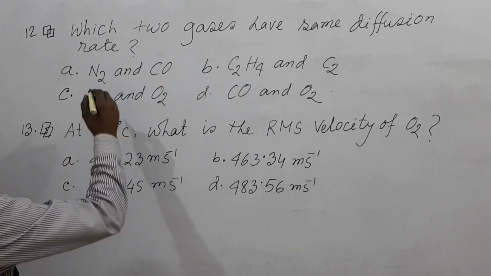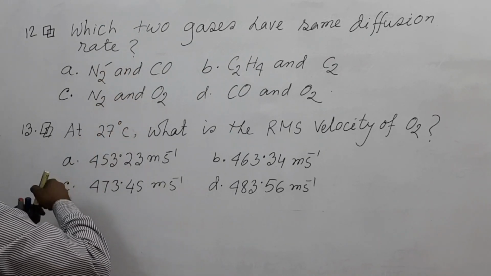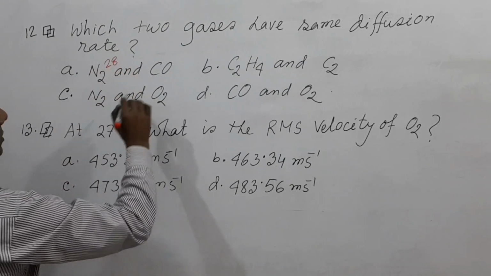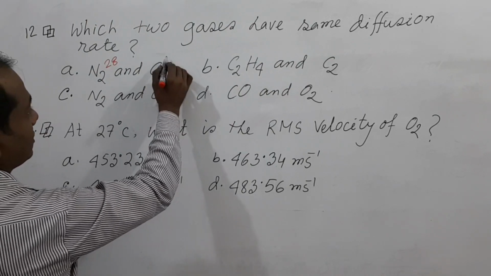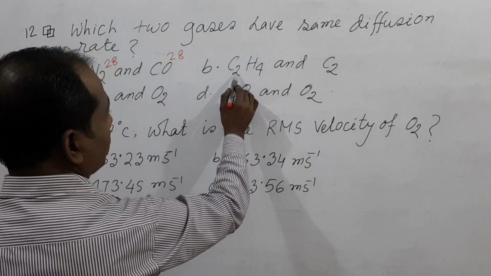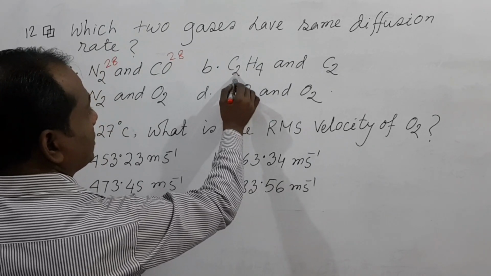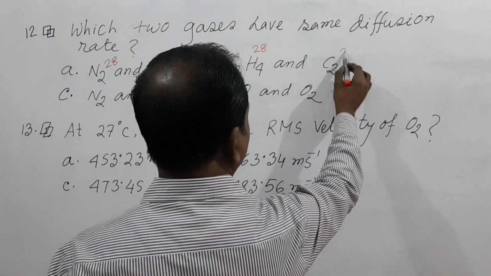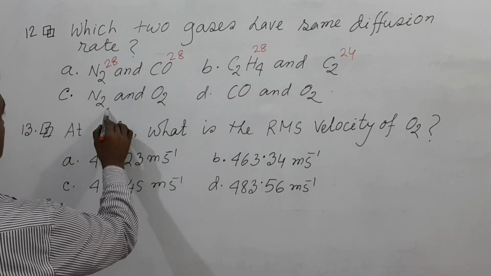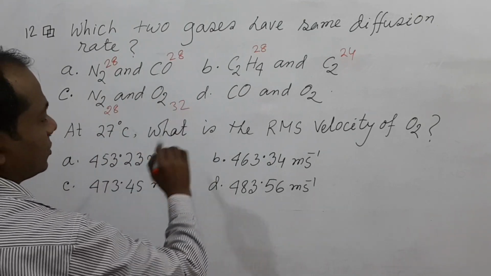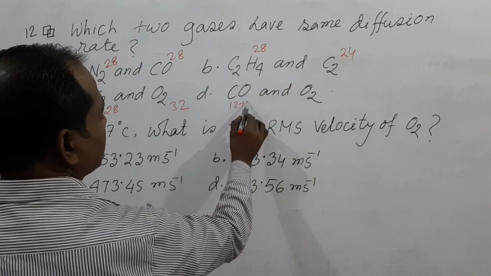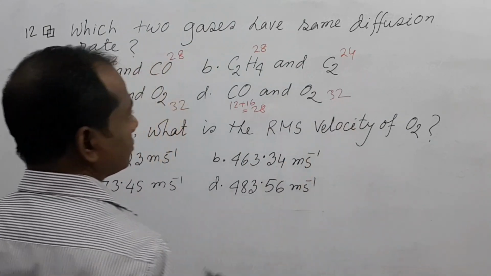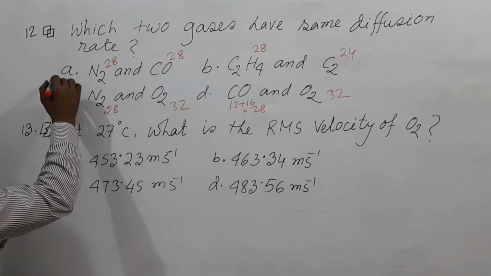Now the molecular mass of nitrogen is 28, carbon monoxide 12 plus 16, that means 28, and for oxygen here 32. So the correct answer is option A.